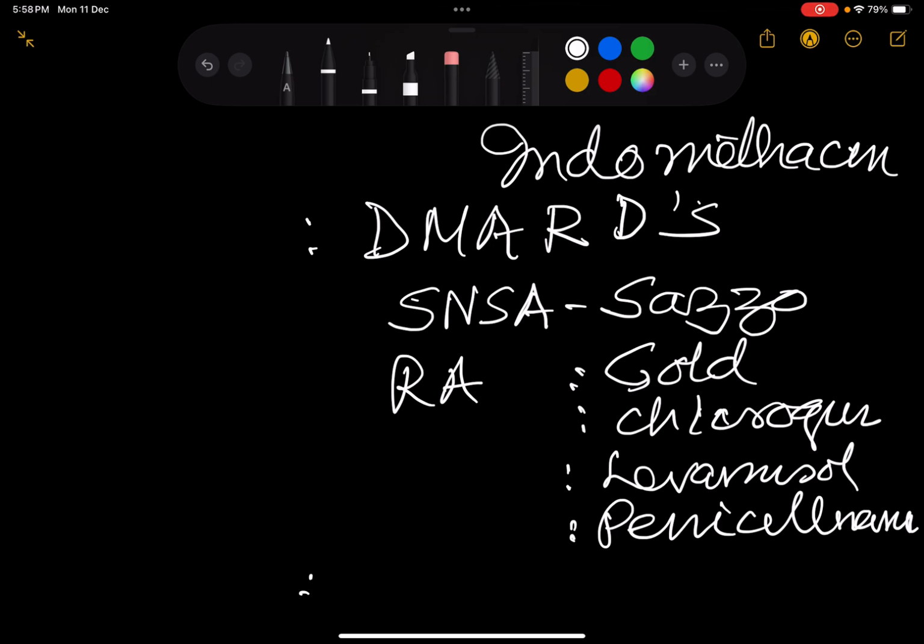And there's one more, which is azathioprine. Then you can give immune suppressors.